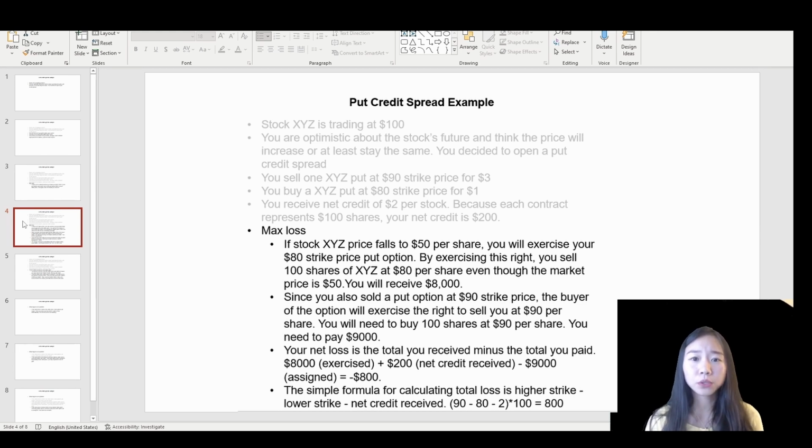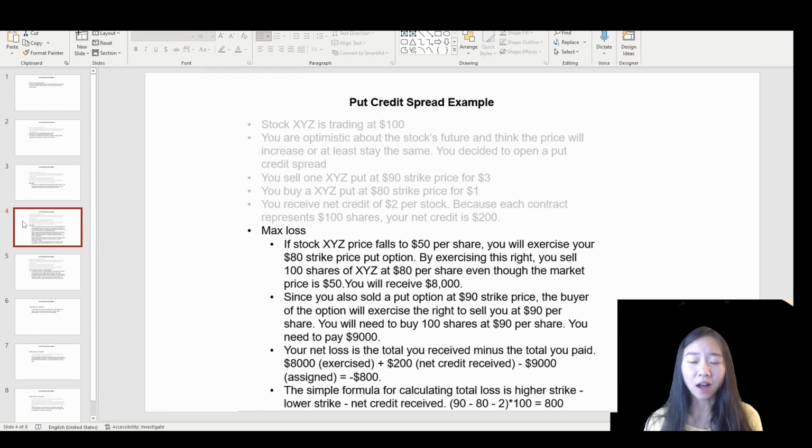Since you also sold a put option at a $90 strike price, the buyer of that option will exercise the right to sell to you at $90 per share. In this case, you will be assigned. So you will need to buy 100 shares at $90 per share, so you pay $9,000.